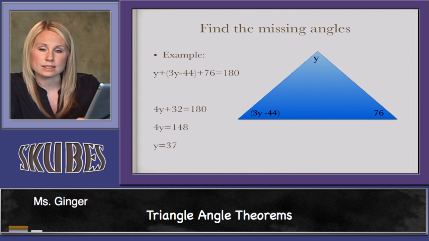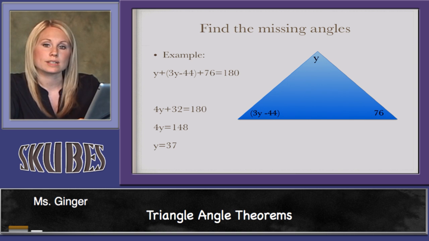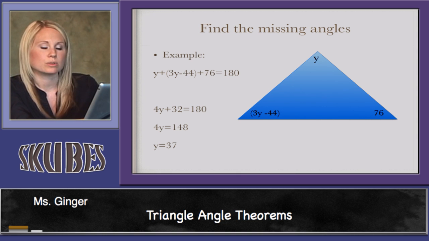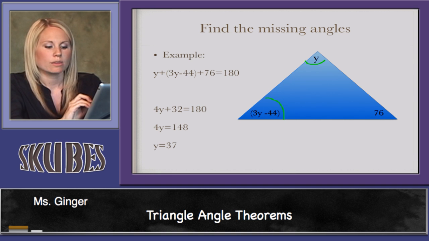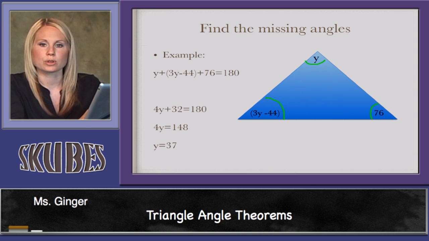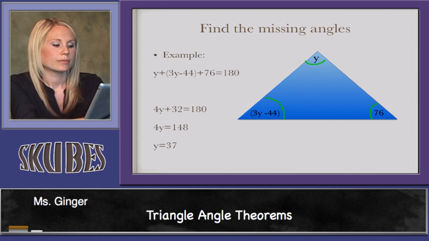Here's a more complex example. Maybe we are going to be given expressions instead of an actual degree measure in our triangles and asked to find some missing angles. We can use that same theorem, the triangle sum theorem, to do that. So here we can see we have two missing angles, y, and an expression for this one, 3y minus 44, and then one actual number degree here, 76 degrees.